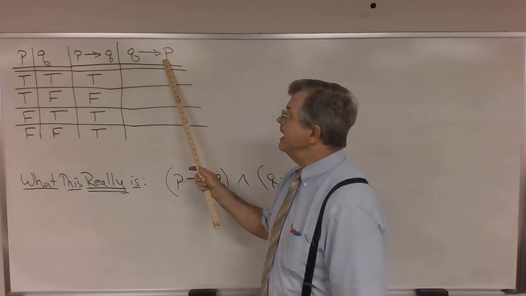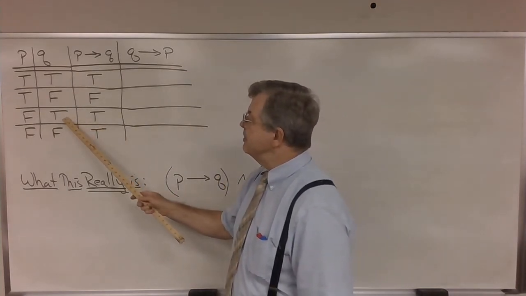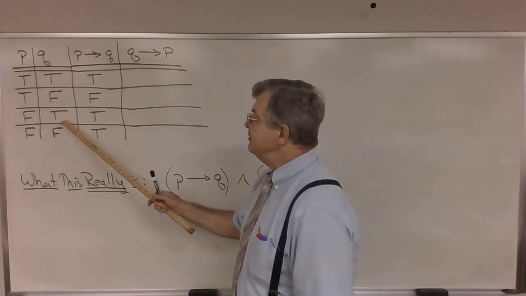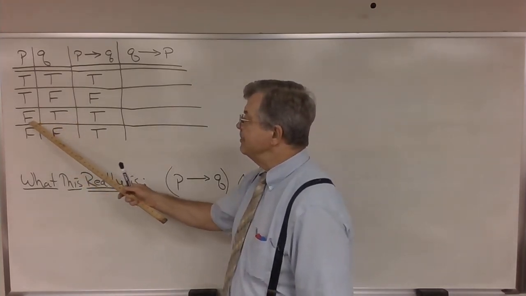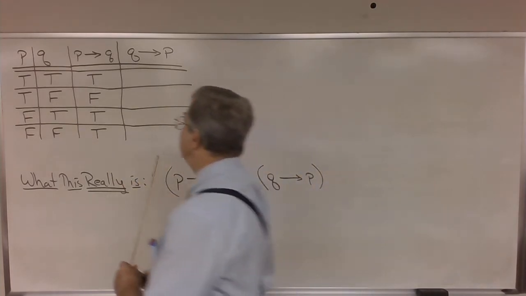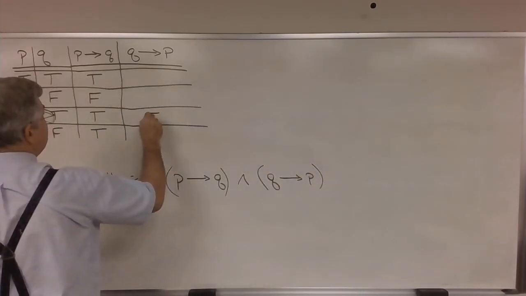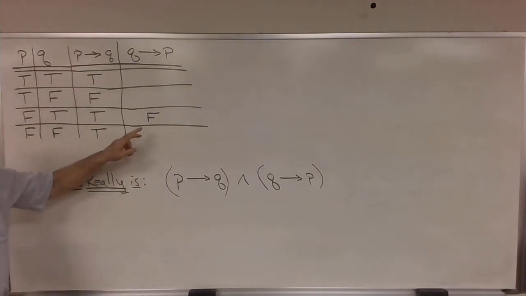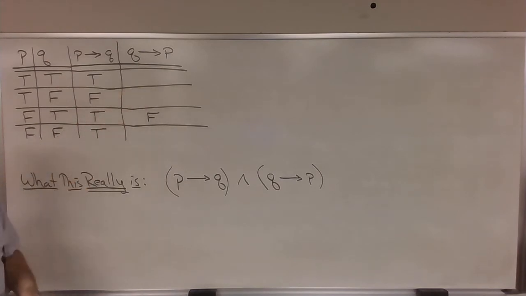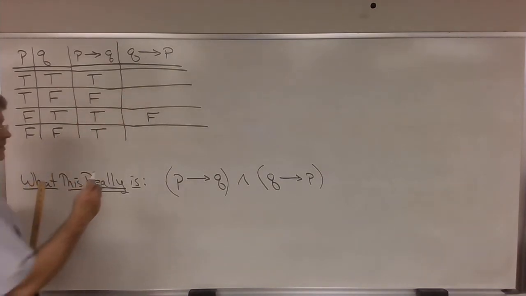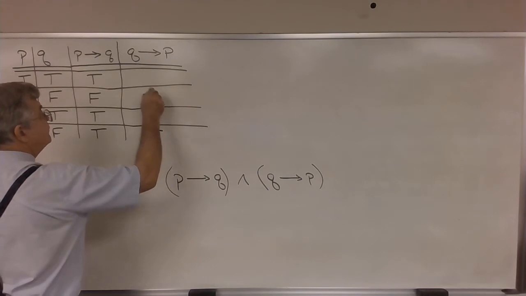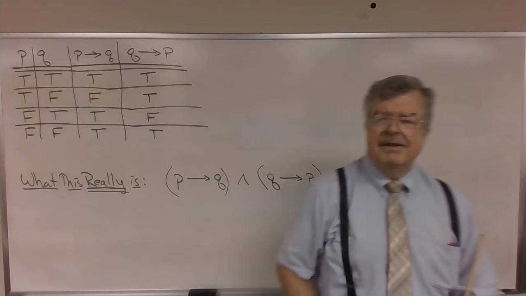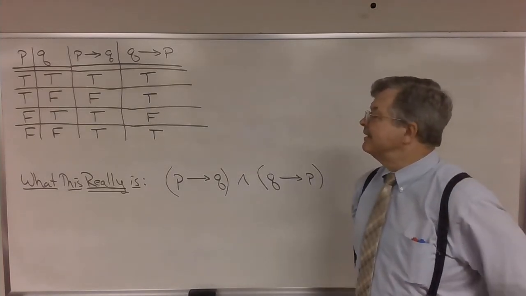Let's see, do we have that? Yep, here's Q true and here's P false. With this combination of truth values for P and Q, the statement is false. That's the special case. Every other combination of truth values of P and Q will yield a true. So I can fill in the rest of this column without having to think. Oh, thank goodness I don't have to think.